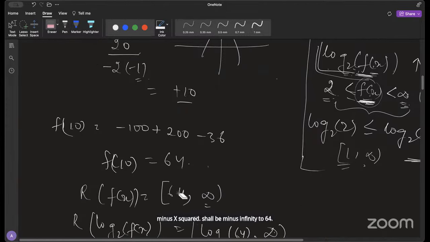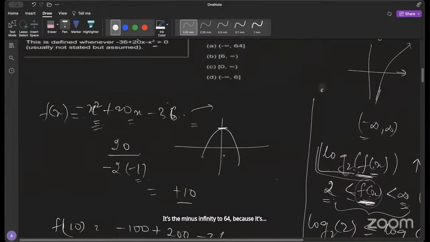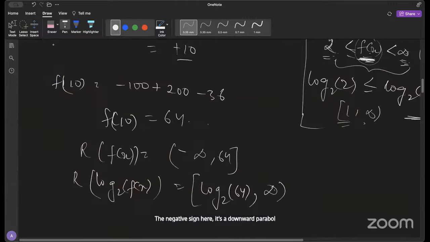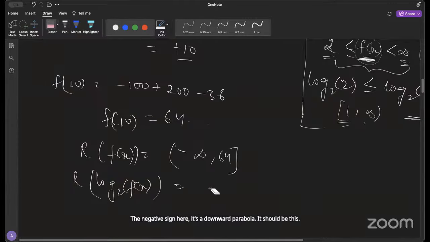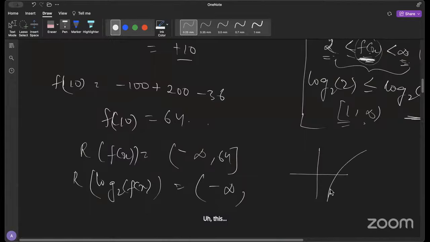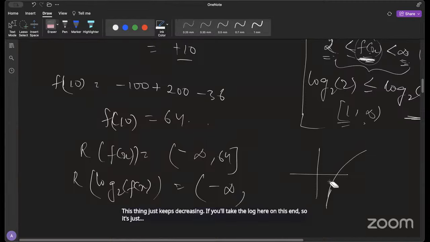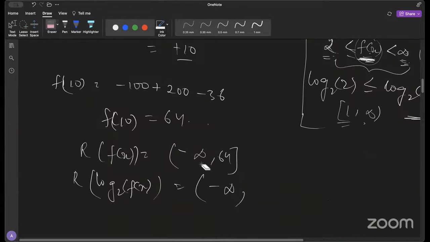It's minus infinity to 64 because of the negative sign here. It's a downward parabola. And then minus infinity, you don't have to take, because this thing just keeps decreasing. Actually you can't take the log there, because we have to take a positive range of this function.